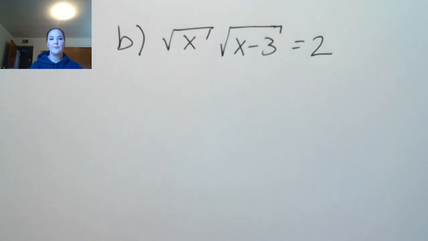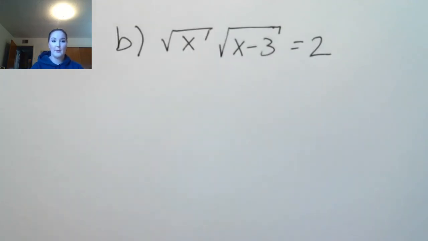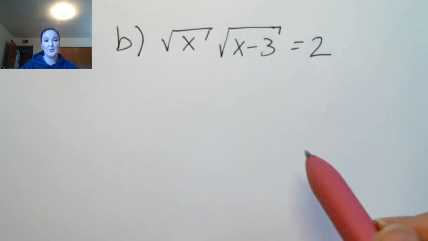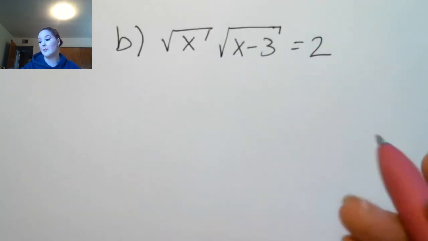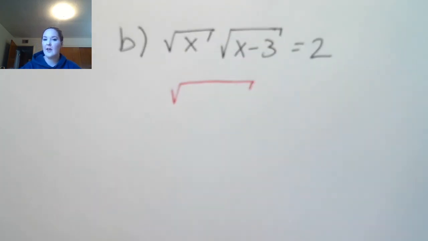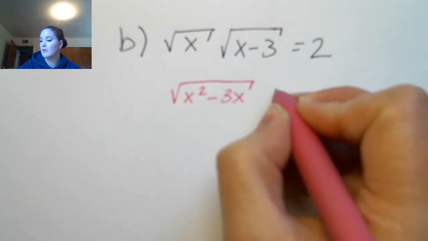Now, it may seem like we need to do something to isolate one of these radicals, but I want to remind you that you can always multiply radicals by multiplying the radicands. That's something that we saw in the last section. So we can actually multiply these together and get x squared minus 3x.